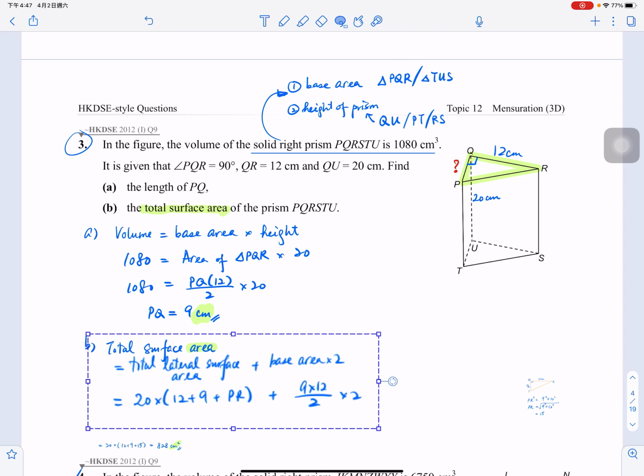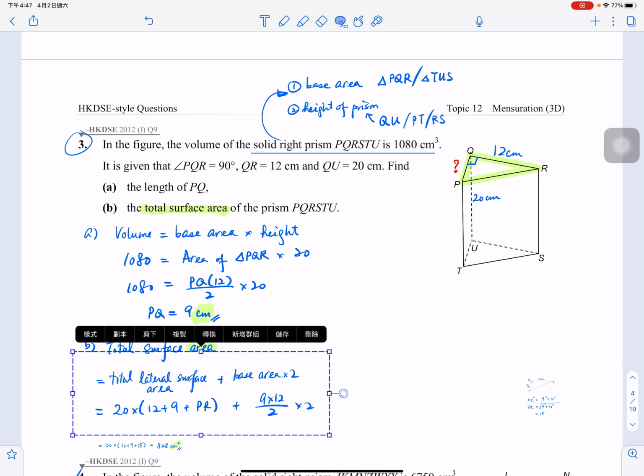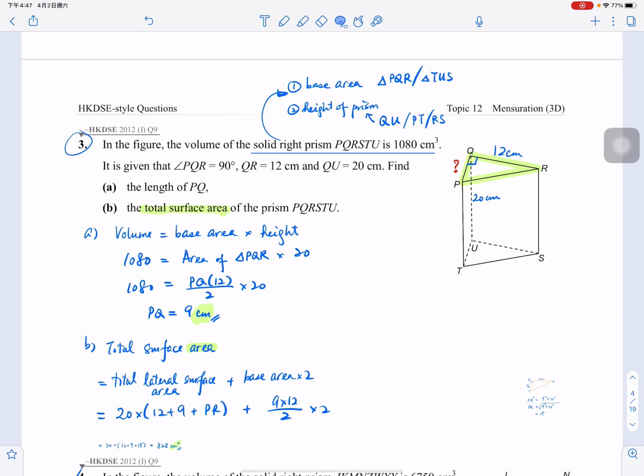So the total surface area is actually the total lateral surface area plus 2 bases. And do you know the perimeter? We don't know PR. We just know 12 and 9. So 12 plus 9 and then plus PR, times the height of the prism, 20.